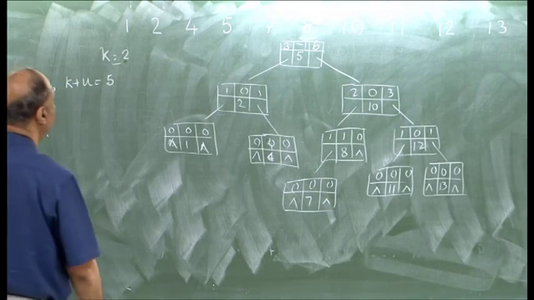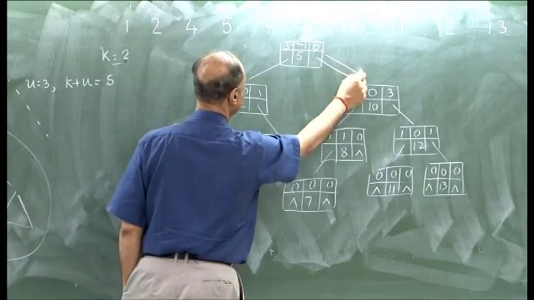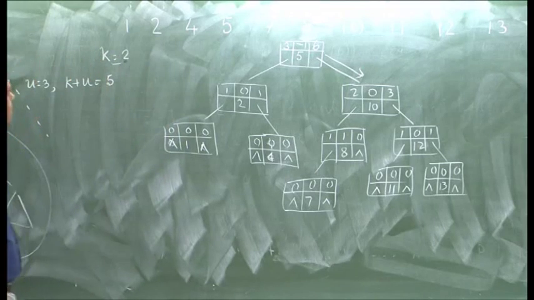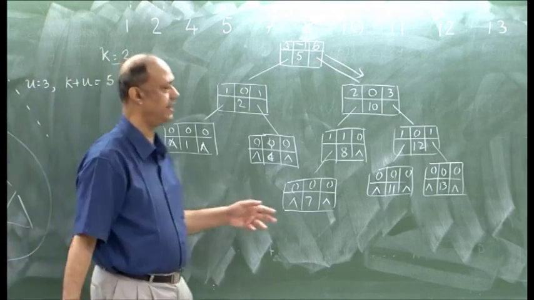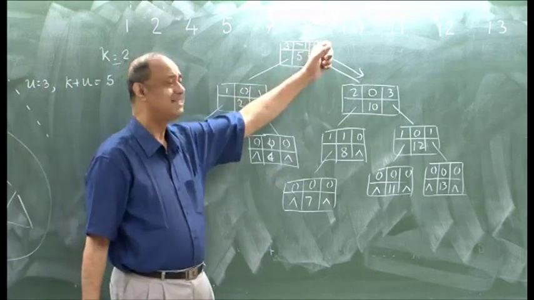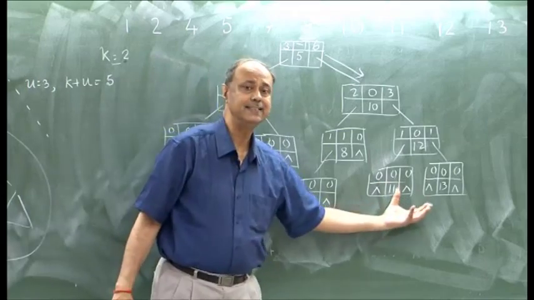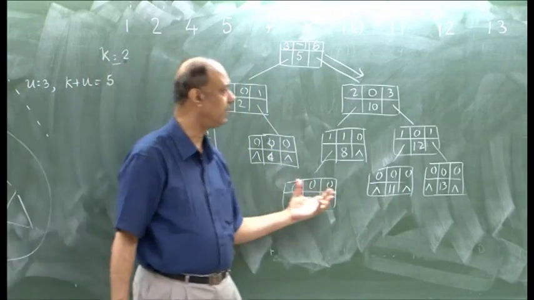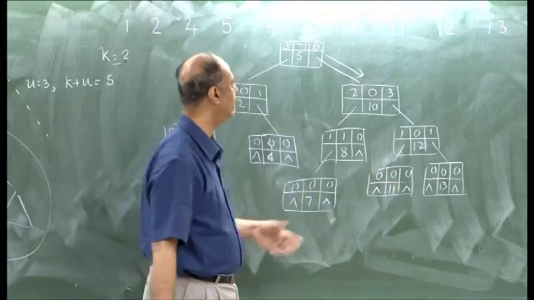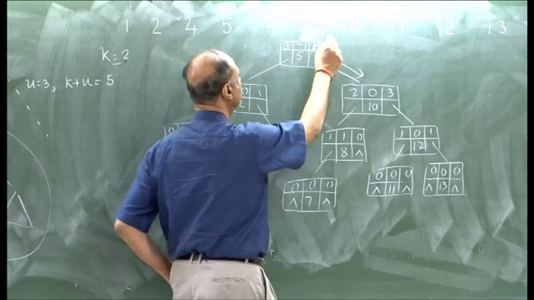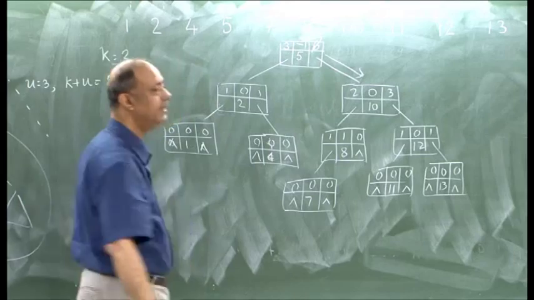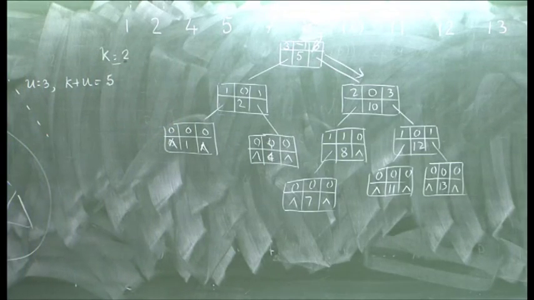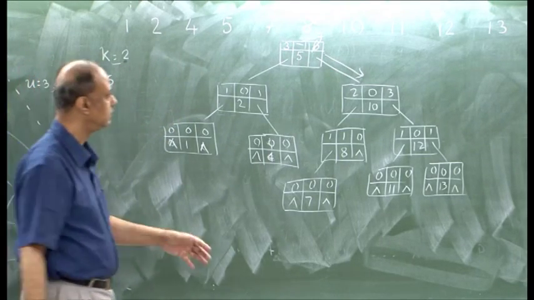So what you have to do? You have to follow this path. Once you are following the right subtree, that means the node will be inserted in this area, not on the left side. Once you are inserting the node on this side, this count will be increased by 1, because the node will be inserted on this side.